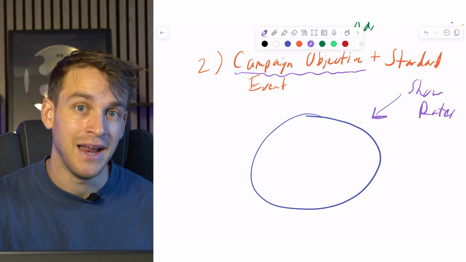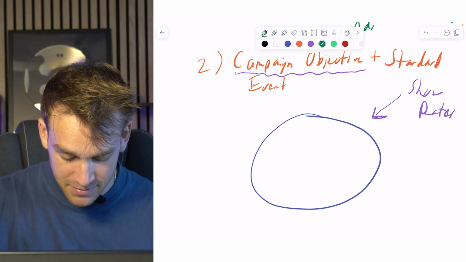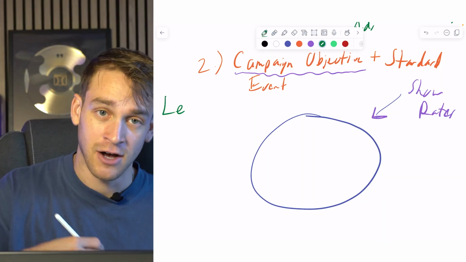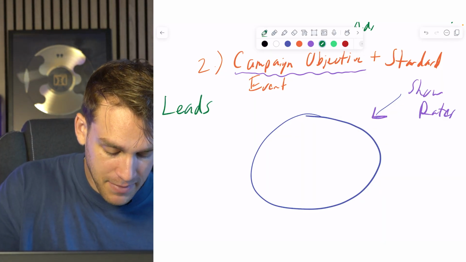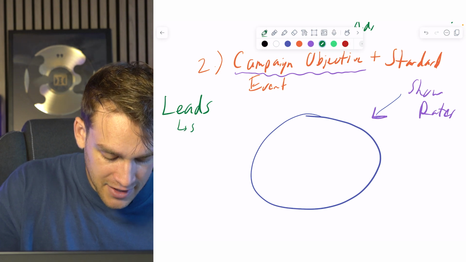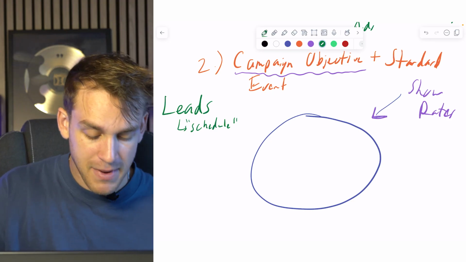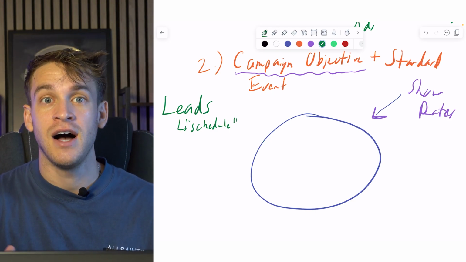Now, if you run an ad, you're not gonna reach all these people at once. It's not gonna happen. What's gonna happen is Meta's gonna say, all right, cool. Say Evan fed us an ad that says he's gonna help people fix show rates, and it's optimized around the lead campaign objective, and he's optimizing for the schedule standard event. Cool. So Meta's gonna look at all the users on its platform and say, all right, awesome.